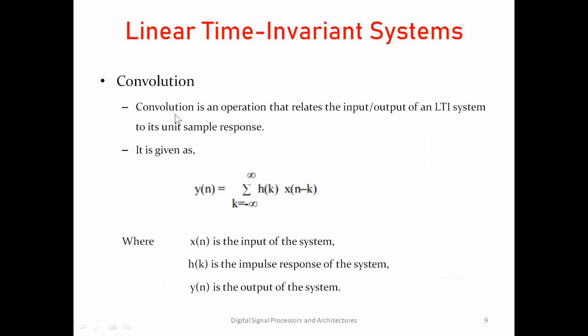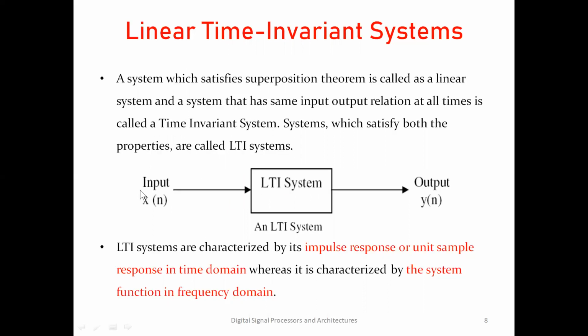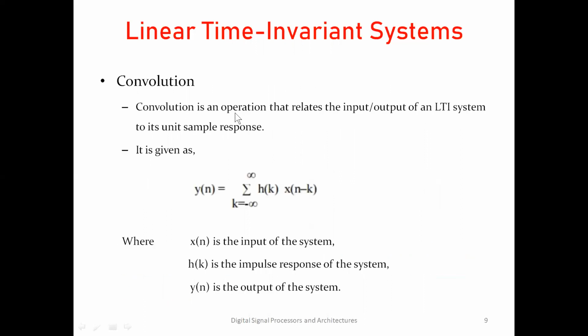So convolution is the one, like if we see here, we have an input x of n and an output y of n. The impulse response of the system is represented as h of n, suppose. The convolution is an operation which relates the input and output of an LTI system using the impulse response or unit sample response.